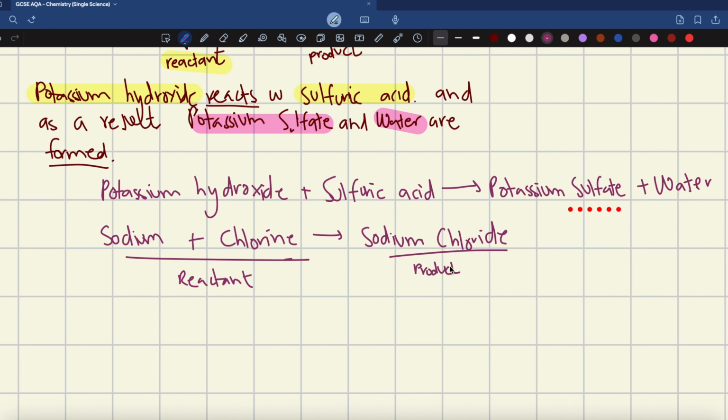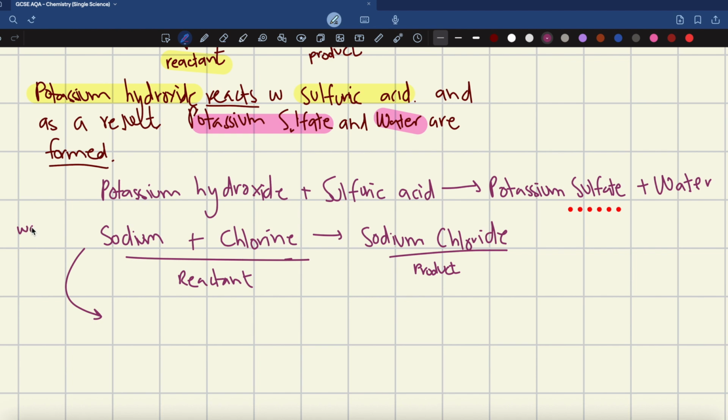Please note that word equations are written in words, as in, word equations do not make use of chemical symbols or the elements or the chemical formulas. Okay? You need to stick to the names of the elements, the name of the compound, like sodium chloride, rather than saying NaCl, right? This is a word equation.